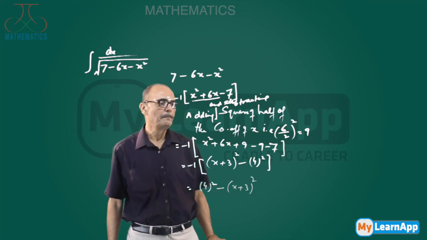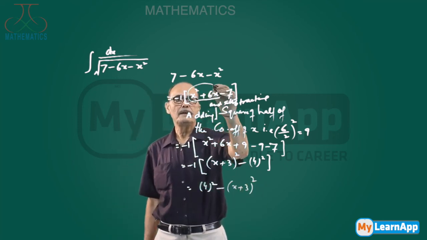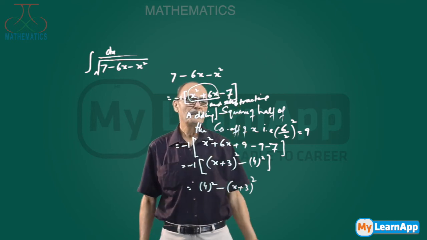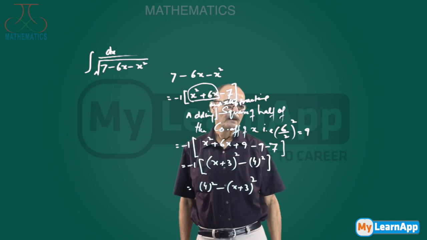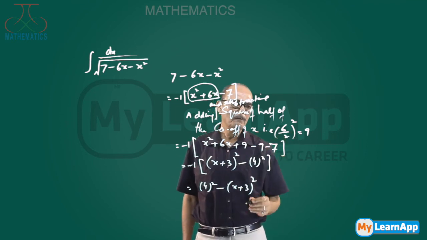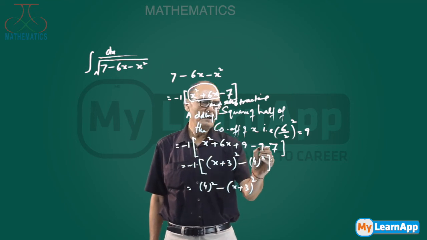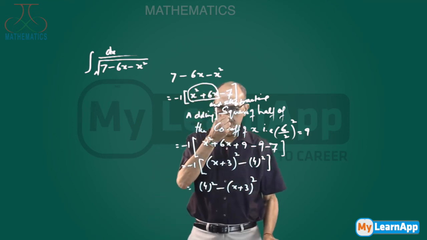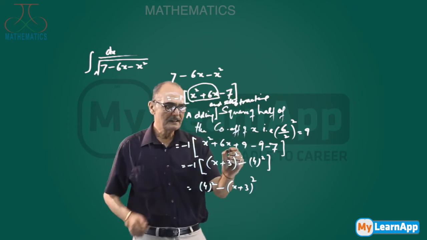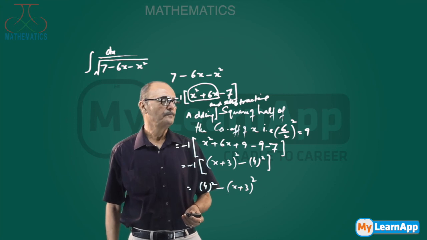I repeat it. Whenever you have to make this a perfect square, you take the coefficient of x, that is, in this case it is 6, divide it by 2, half, and then square. So we added 9 and subtracted 9. If you combine x square and 6x plus 9, it is x plus 3 square.